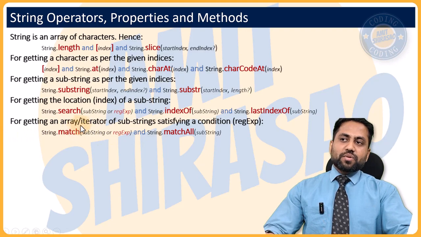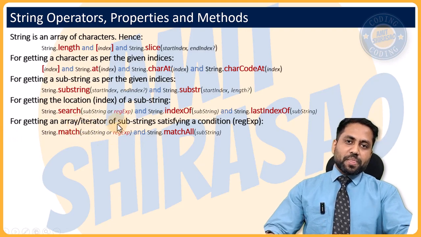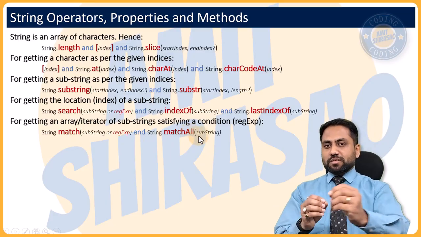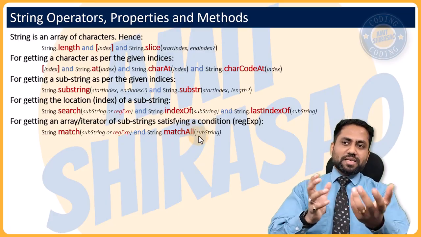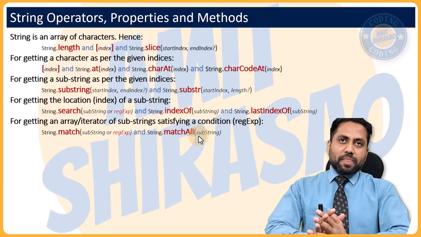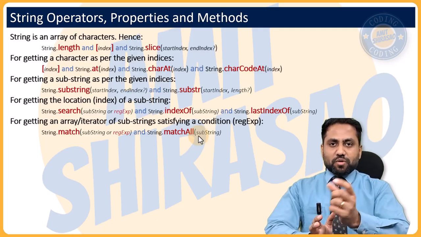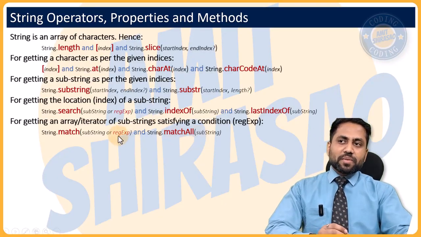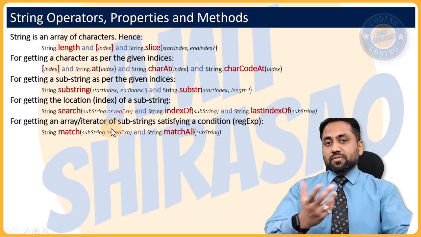It gives you an iterator or array. So when you say matchAll, it will give you all the substrings that are matching, in the form of an array. We'll see this on the slide. You don't get the index, you get an array.